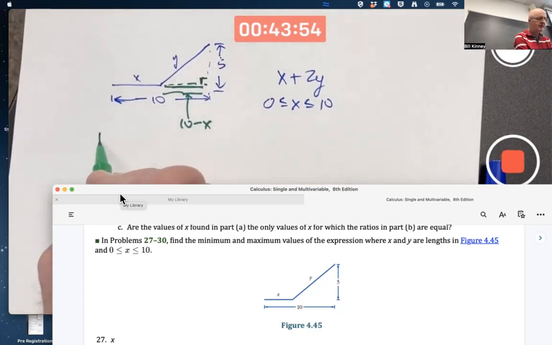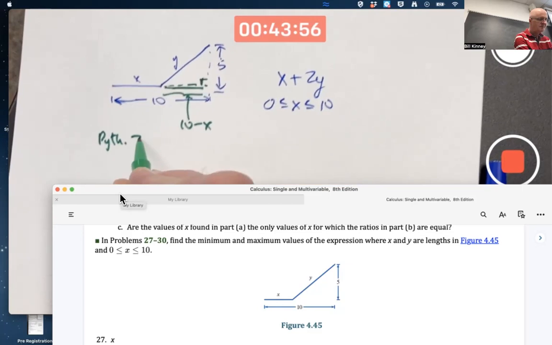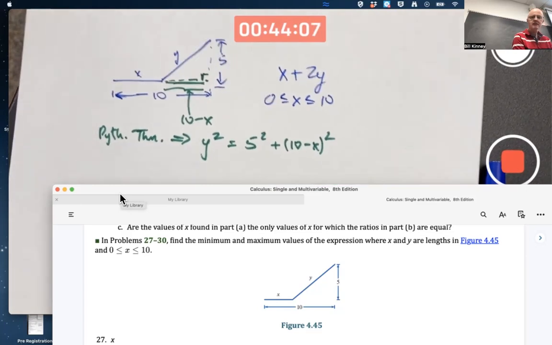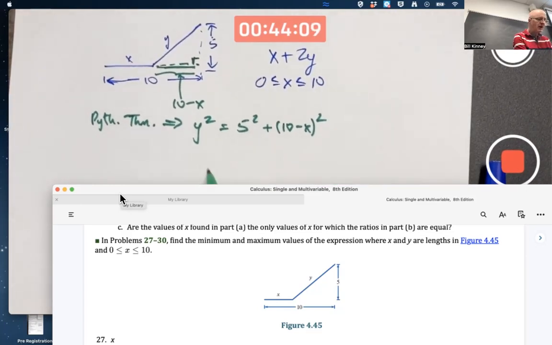The Pythagorean theorem would say the square of the hypotenuse is equal to the sum of the squares of the other two sides. And that means you can solve for y in terms of x, take the positive square root, because y has to be positive.